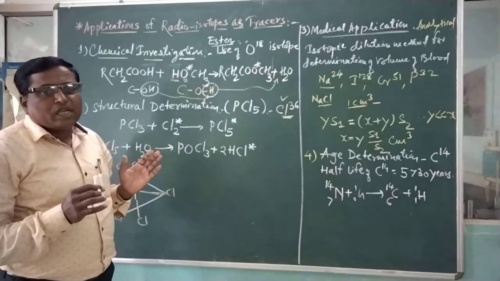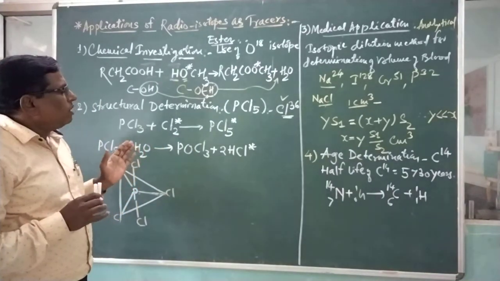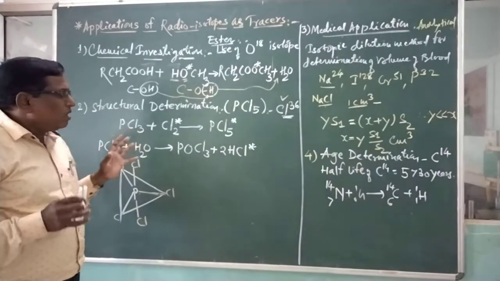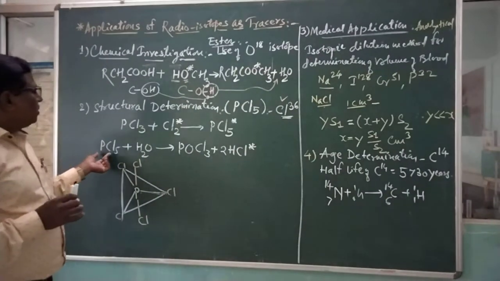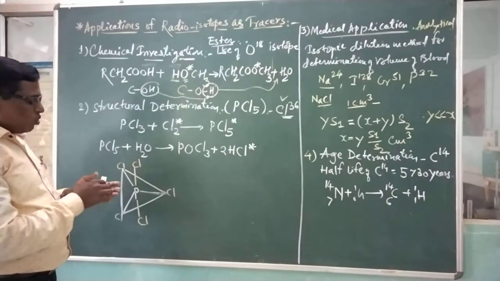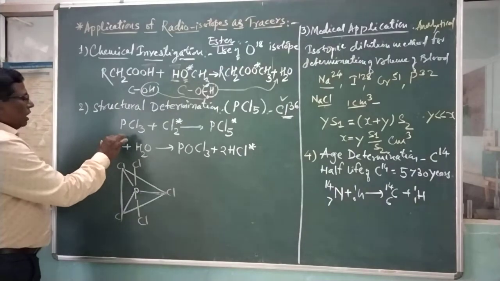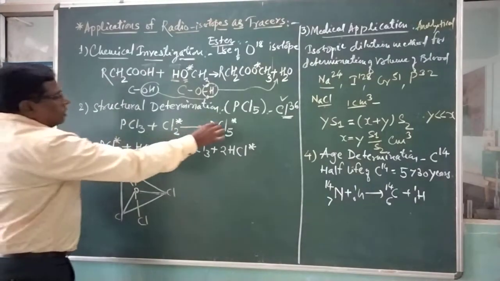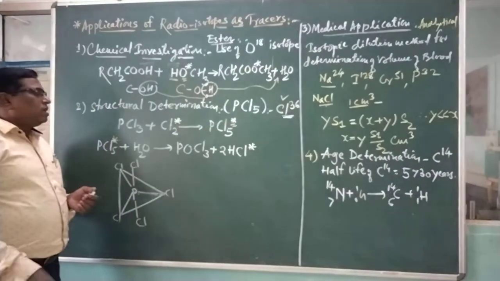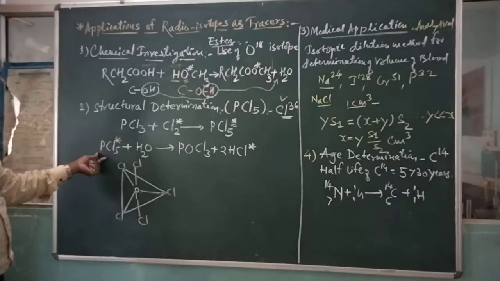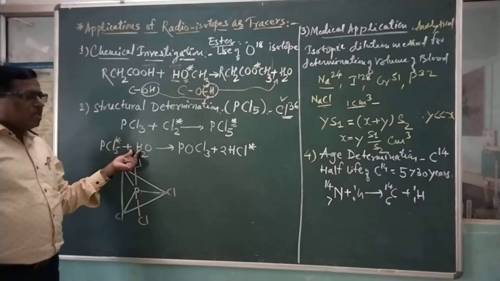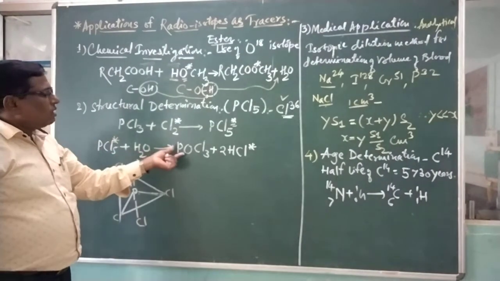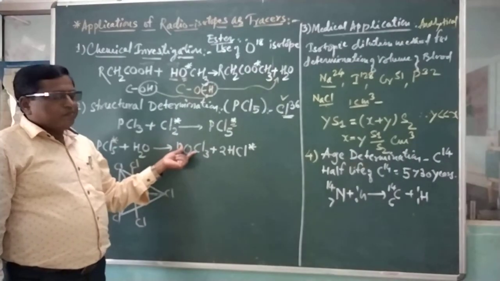Once the product is obtained, it is hydrolyzed. How is it hydrolyzed? PCl5 plus H2O. Suppose the labeled Cl36 is in this PCl5, and hydrolysis is carried out. It gives POCl3.